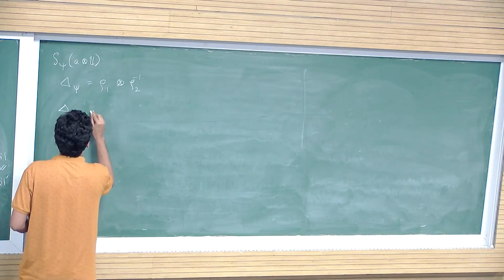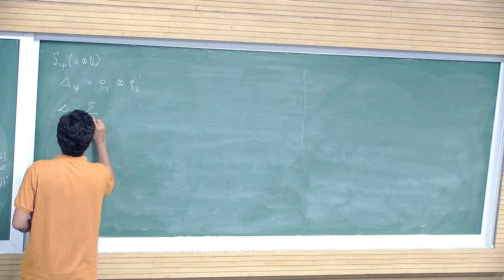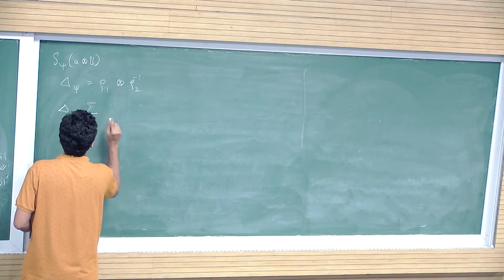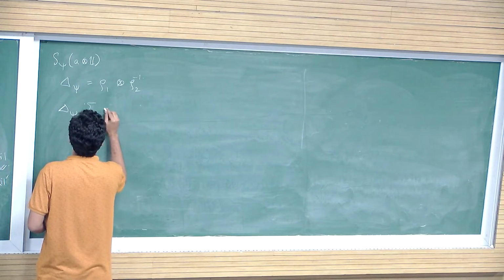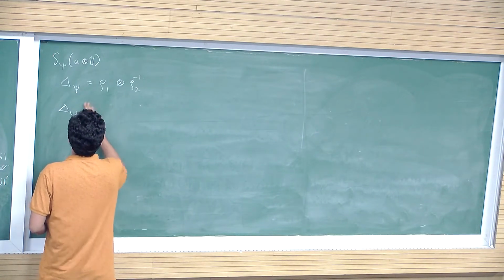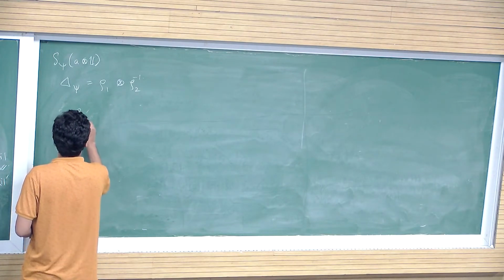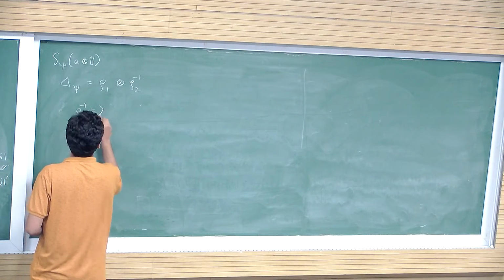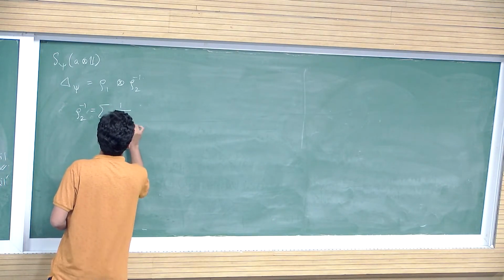some generic state, so sum this over say m. I should be sandwiching them actually. ρ2 inverse is essentially nothing but 1 by Ci square.